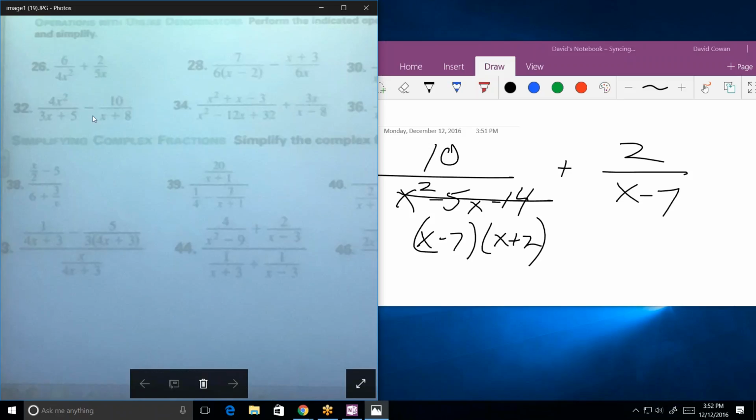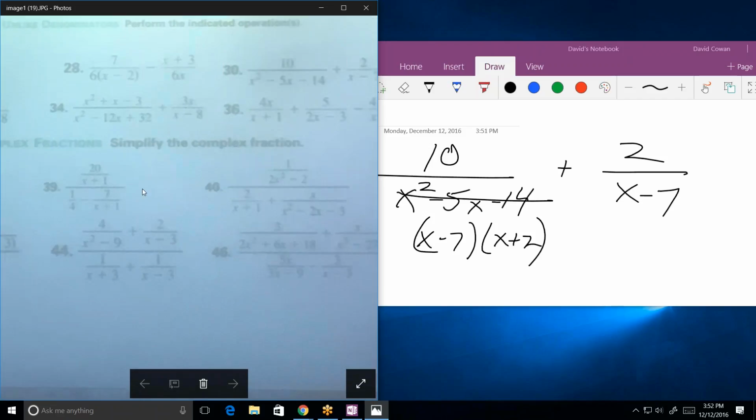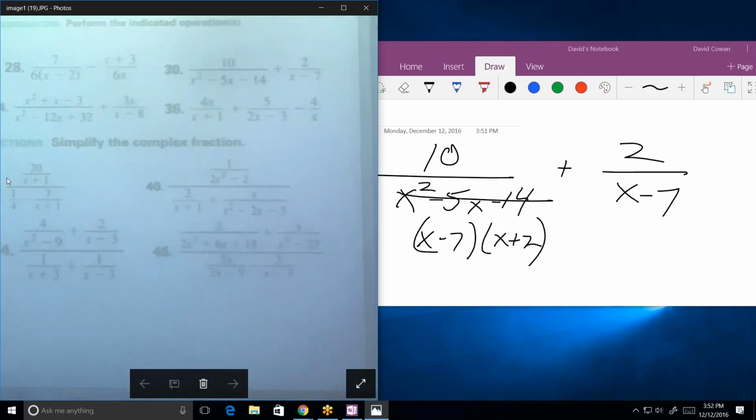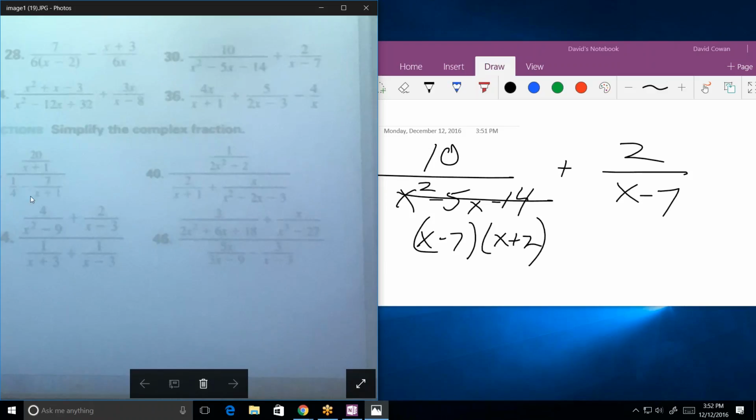So by the time you finish putting the new numerator on it and put parentheses around it, make sure that you don't get your signs wrong on the next two terms. And it's a really easy mistake to make. So, number 36, what's the least common denominator? X plus 1 times 2x minus 3 times x.